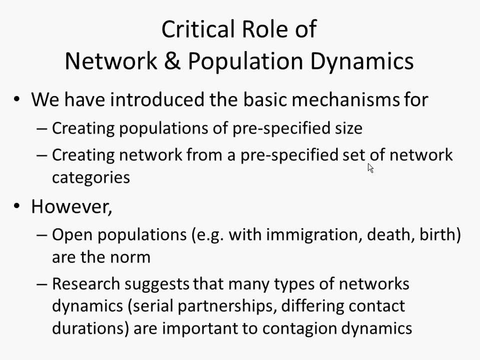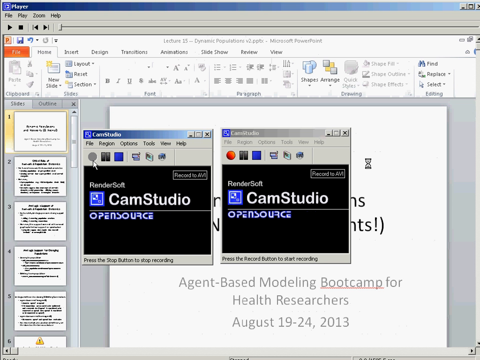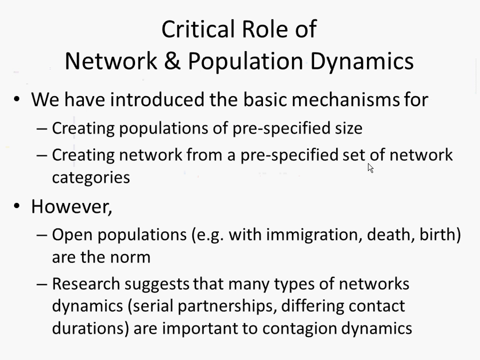However, it's quite typical for many domains to be concerned with open populations. The desire to characterize open populations of immigration, death, and birth is one of the motivations for engaging in dynamic modeling as opposed to simply following cohorts over time.